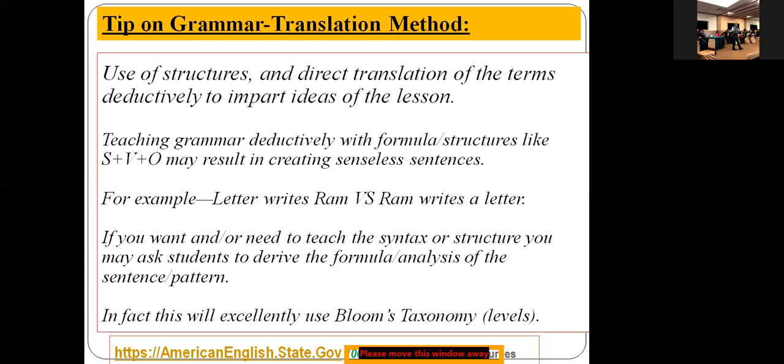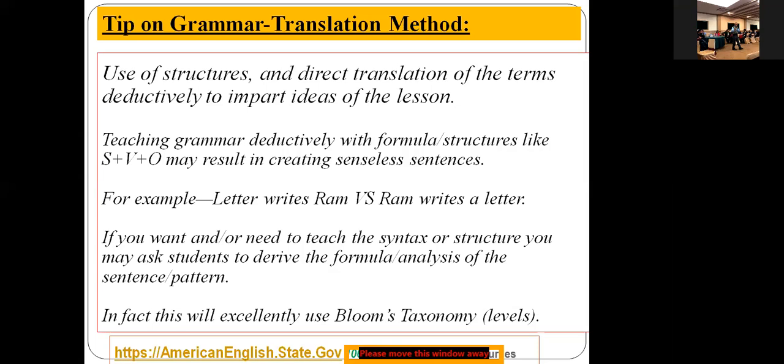So the grammar translation method usually adapts the method where the source language is translated into the target language, and also uses structures. Sometimes we also say that it's a structuralist approach.